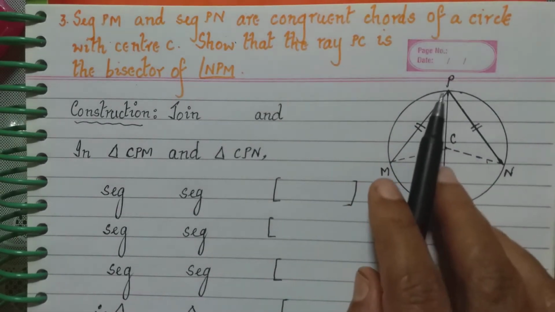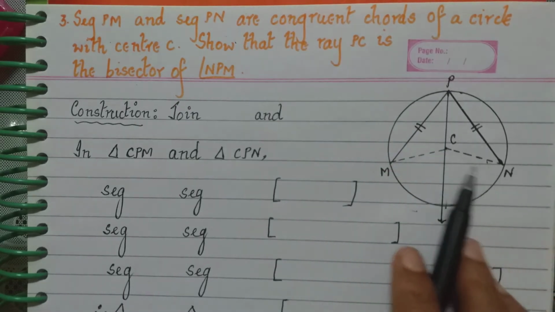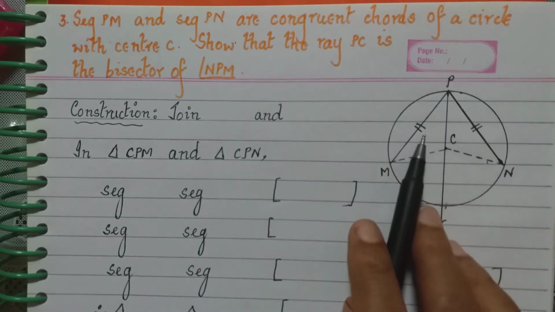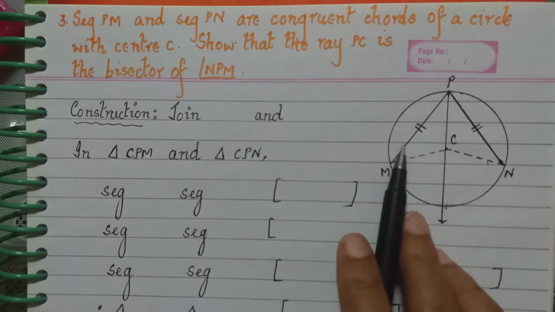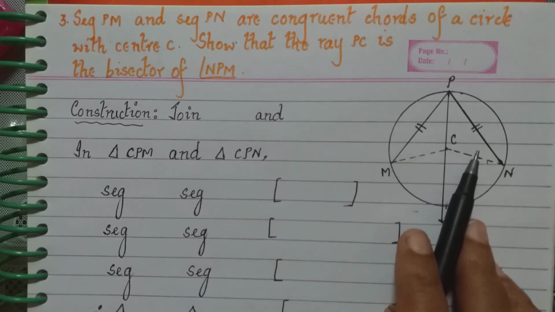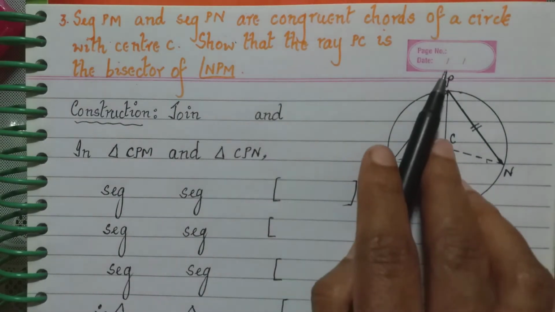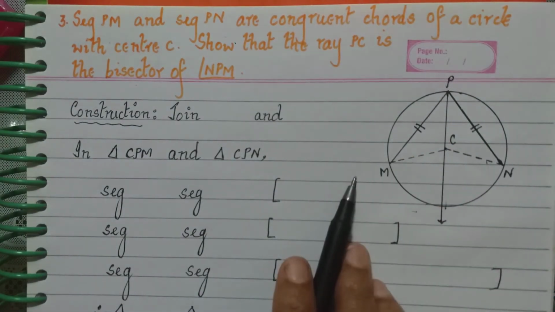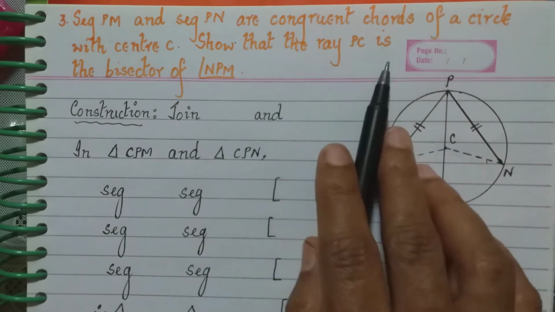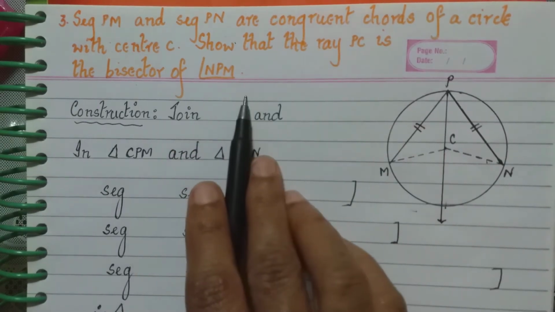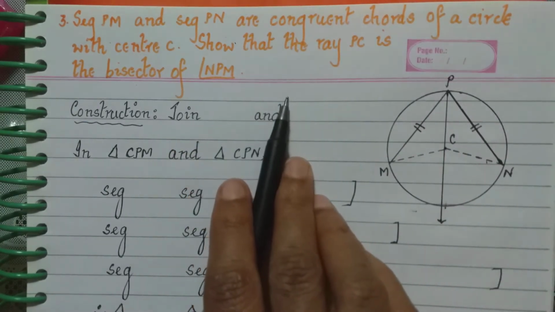We will consider these two triangles, and if we show that these two triangles are congruent to each other, then we can say that angle NPC is congruent to angle CPM, and therefore ray PC is the bisector of angle NPM.